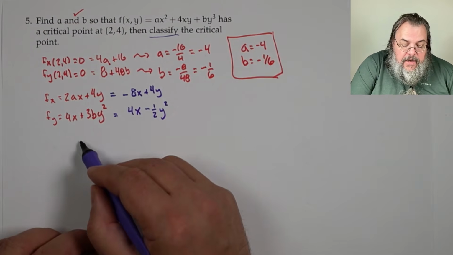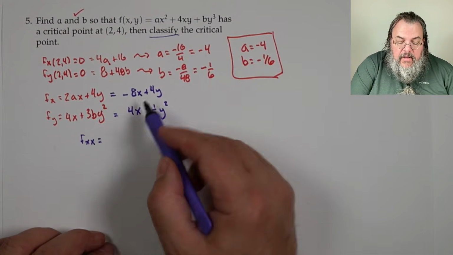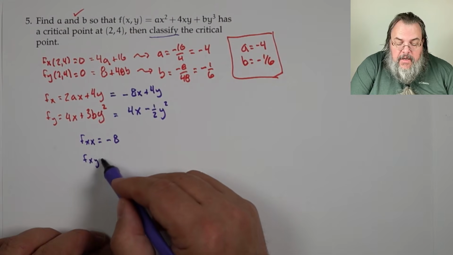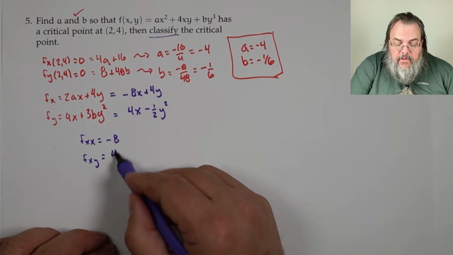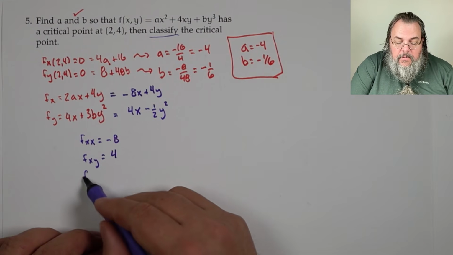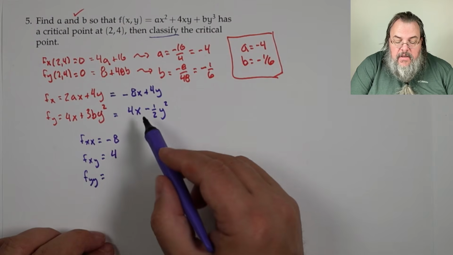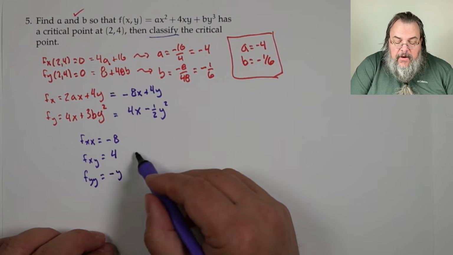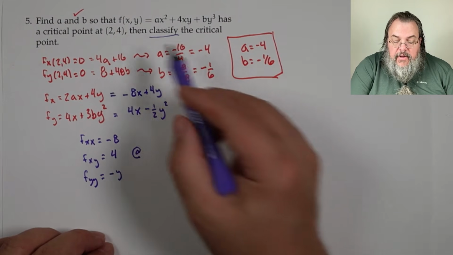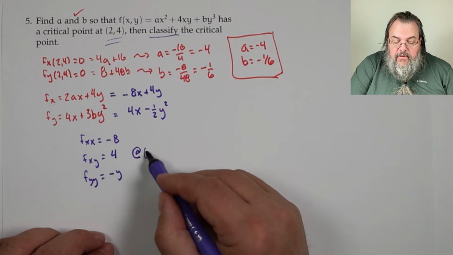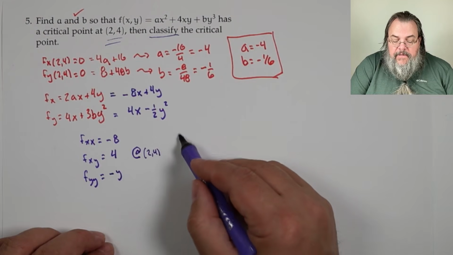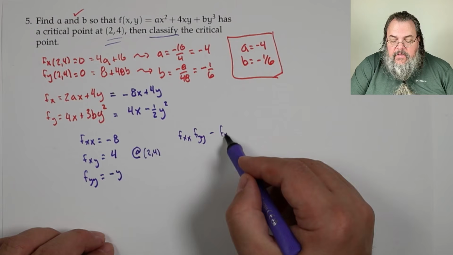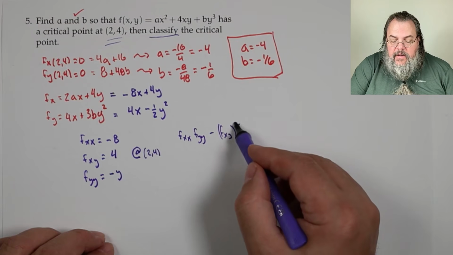All right, so fxx is minus 8. fxy is positive 4. And fyy is minus y. Now, at our critical point, so our critical point is (2, 4). So at (2, 4), we have fxx times fyy minus fxy quantity squared.